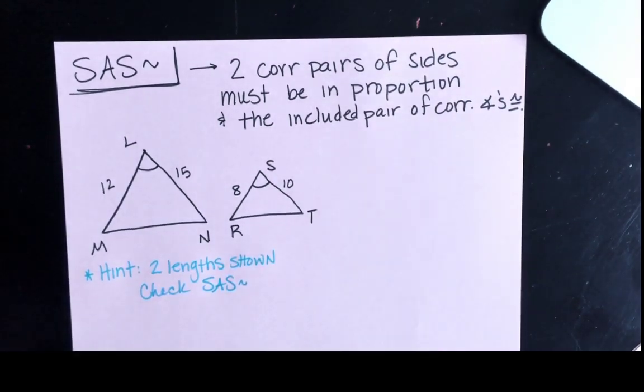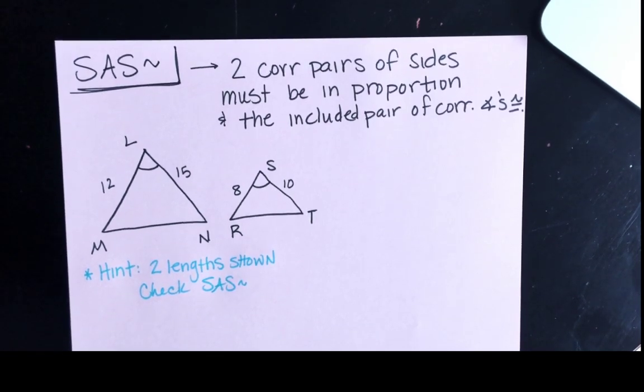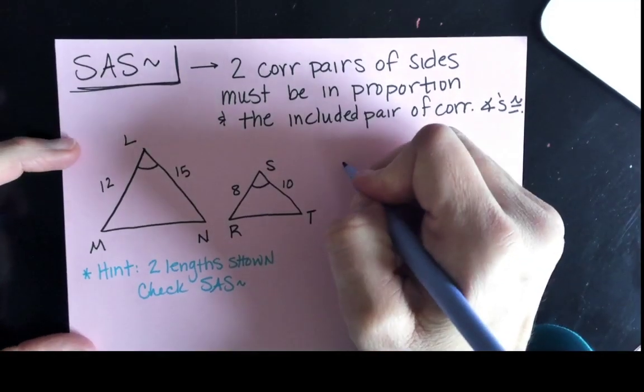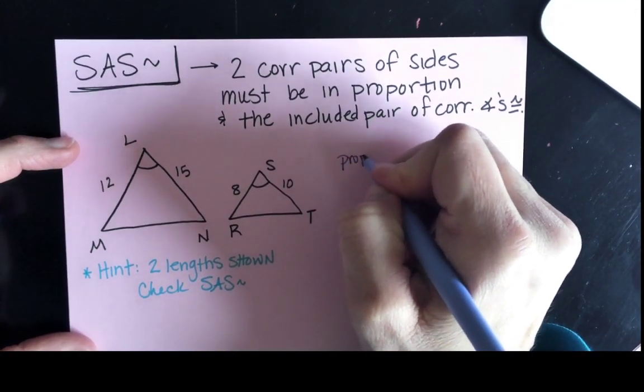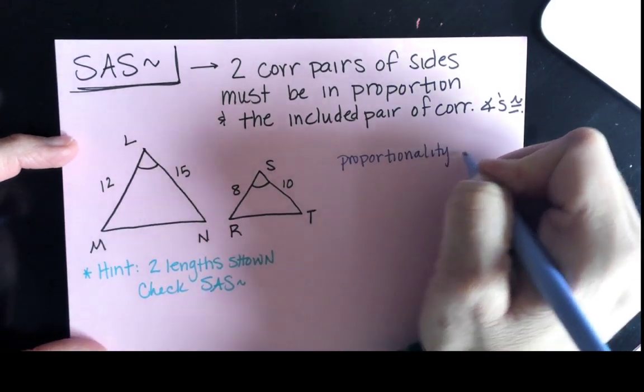And again, it's because there's only three. So it's not like we're going to have a lot of choices to roll through like we did with congruent. So if two sides are given, we again want to check our proportionality statement. So our proportionality statements are very important, which is why we practice them so long.